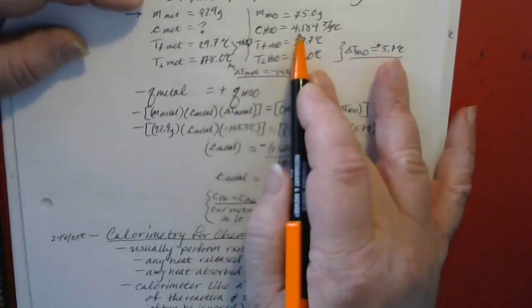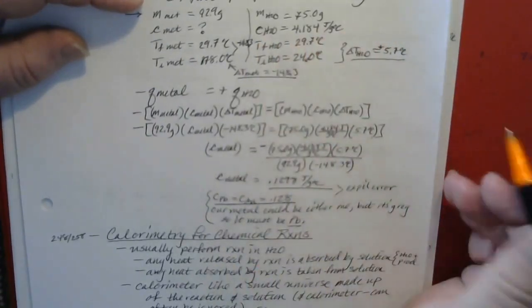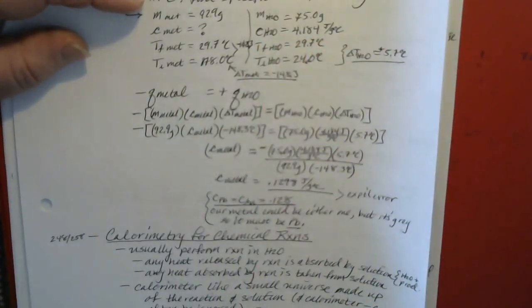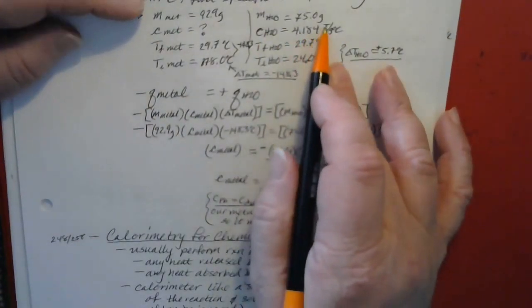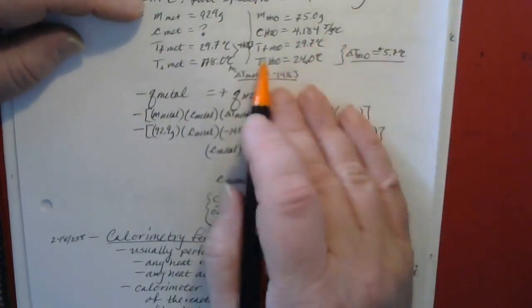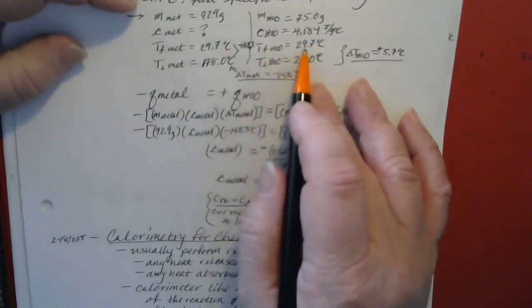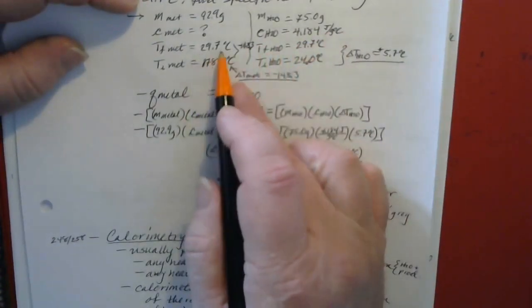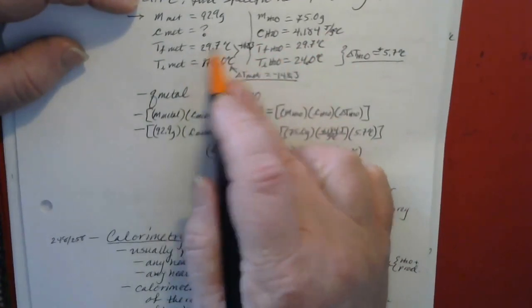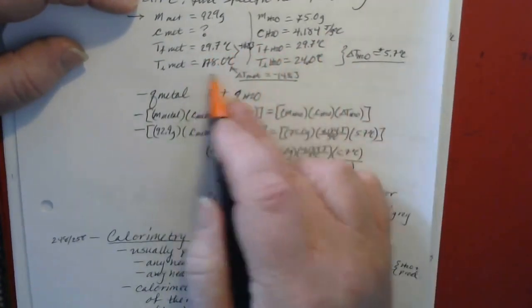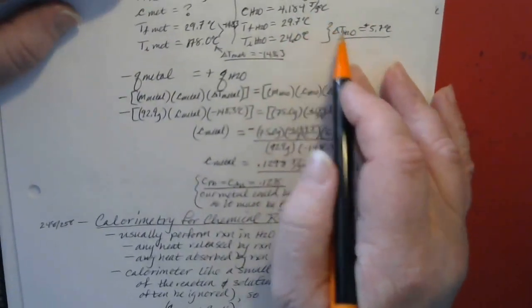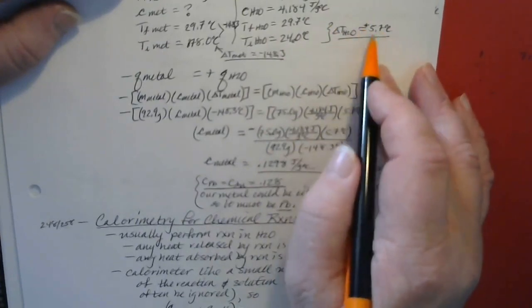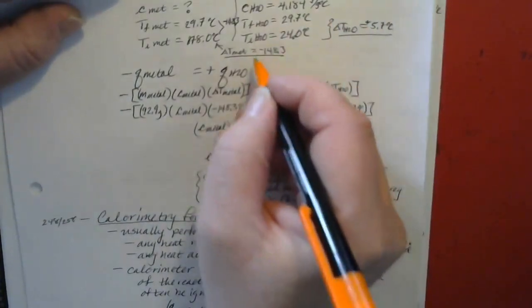For the specific heat of water, that's, again, a well-known value, 1 calorie per gram degree Celsius, but we're using joules here, so that's 4.184 joules per gram degree Celsius. The final temperature of the water is the same as the final temperature of the metal. That's 29.7 degrees. And the initial temperature of the water, it said in the question, was 24.0 degrees Celsius. So delta T of the water is positive 5.7 degrees Celsius.